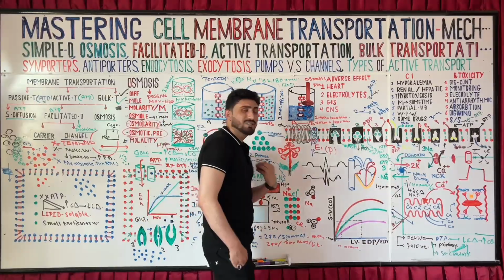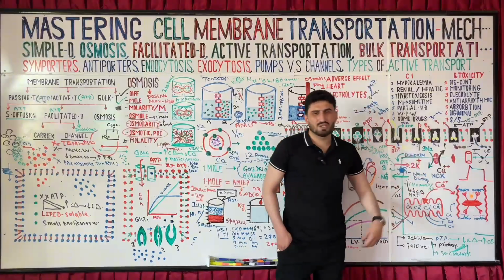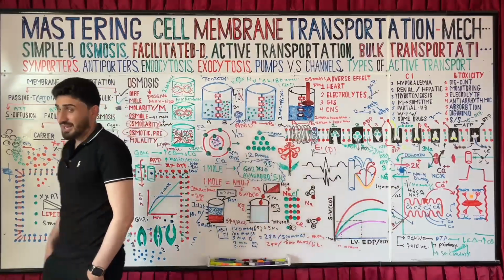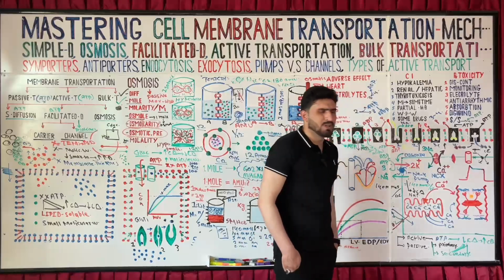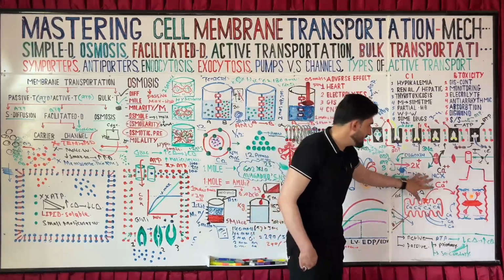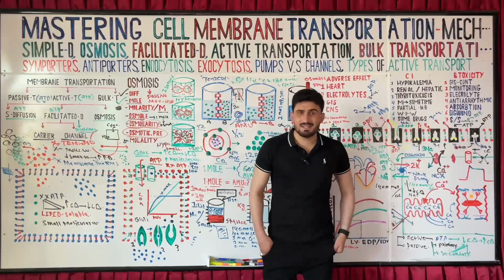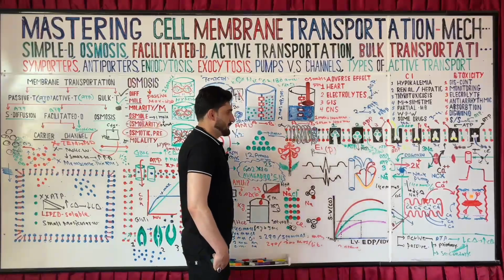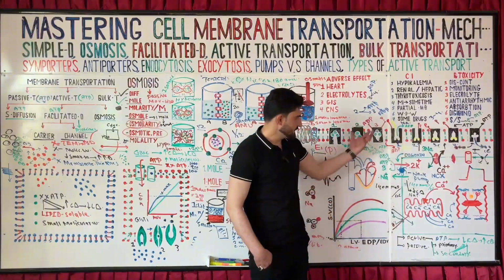When I don't have enough ATP, this pump can't do its function very well, because in a normal resting situation, 20 to 40% of the energy of a cell is used by this pump.